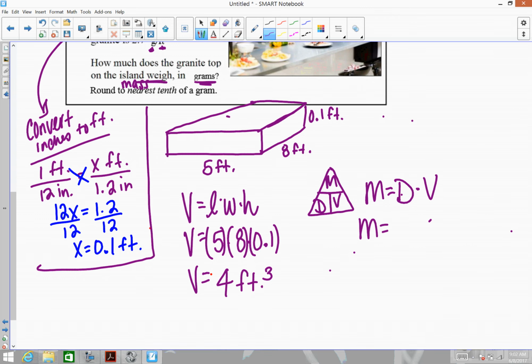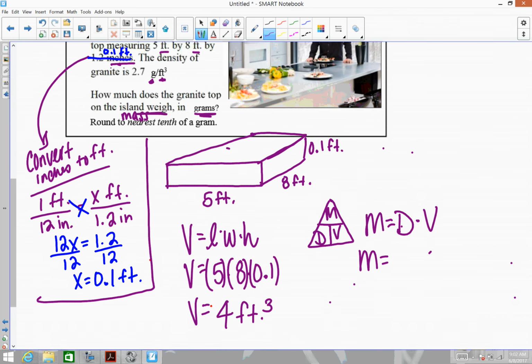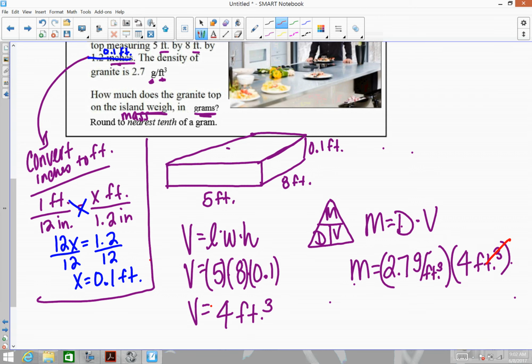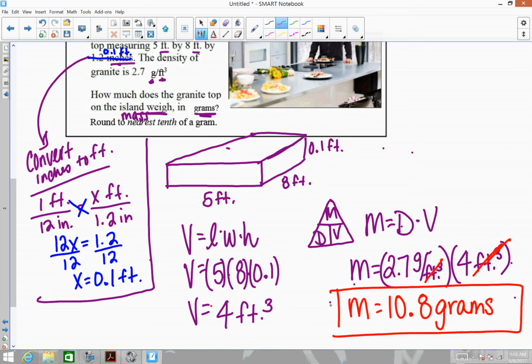So it's going to be the density, which is 2.7 grams per feet cubed, times the volume, which is 4 cubic feet. The cubic feet cancel because one's on top, one's on bottom, and you multiply these numbers and you get 10.8, and the units that are left are grams. So there's the weight of the countertop.